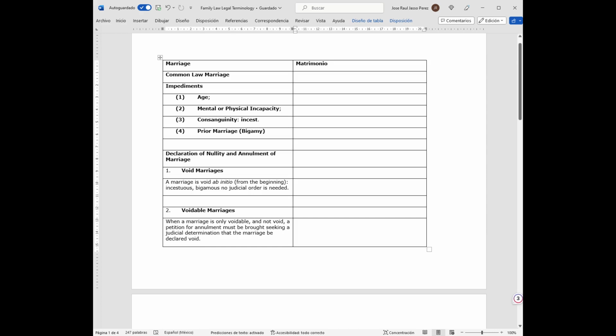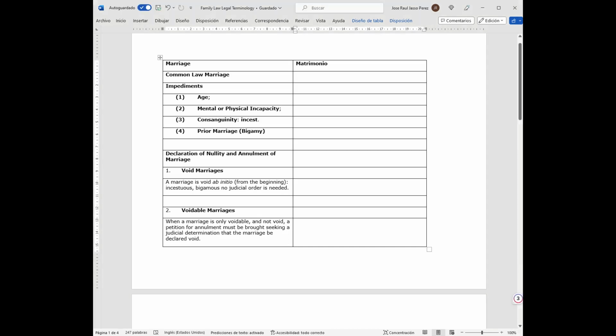Now, we have the concept of common law marriage. Generally, and depending on the jurisdiction or the state you are located in, common law marriage is when two parties live together as a married couple for a certain period of time as specified in the local statute, and that is without any legal formality or any marriage license or proceeding, and the law will consider it as a marriage.